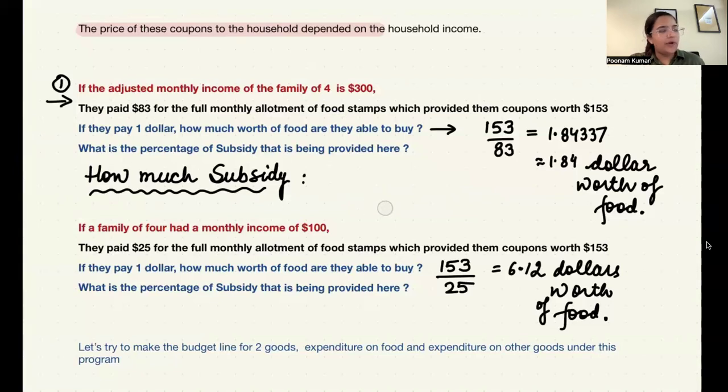How do you define subsidy? You see subsidy as how much amount the other party is paying, right? So if you are buying $1.84 worth of food, you are only paying $1, right? Yes, ma'am.